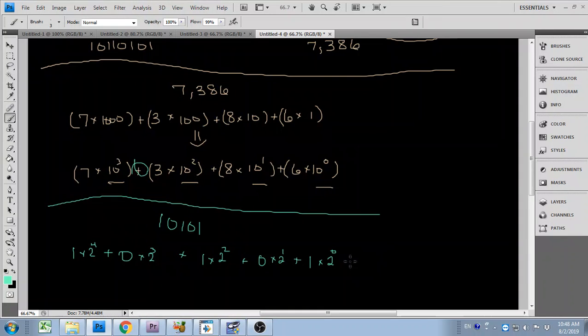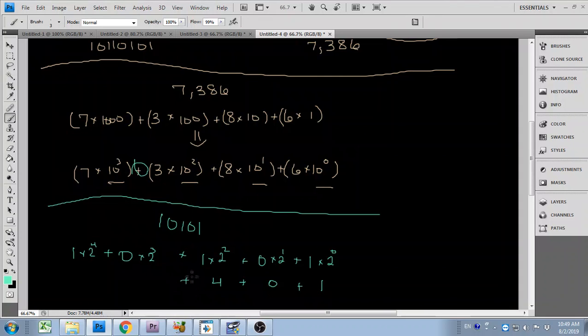Okay, 2 to the 0 is 1. Remember that. Anything to the 0 power is 1. So 1 times 1 is 1. Plus 2 to the 1 is 2, but 0 times 2 is 0. 2 squared is 4. 1 times 4 is 4.